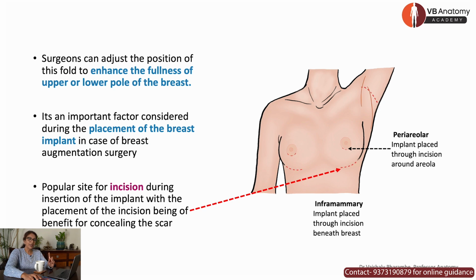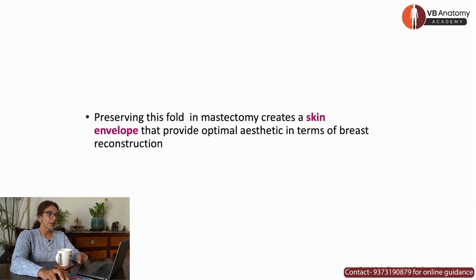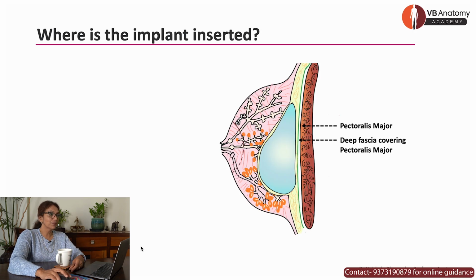The other sites are periareolar and transaxillary. It is through these incisions that breast implants are inserted. It's important to remember that if you preserve the inframammary fold, it creates something like a skin envelope in which these implants can be placed for aesthetic breast enhancement surgeries.